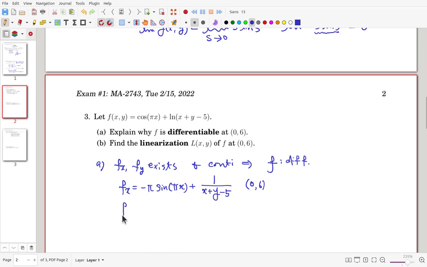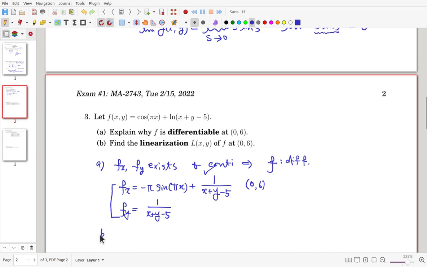The same way, f sub y. Now this portion will be 0, and the y derivative will be 1 over x plus y minus 5. At 0, 6, it's well defined, and around 0, 6, it is a continuous function. So we checked these two things, so it is differentiable.